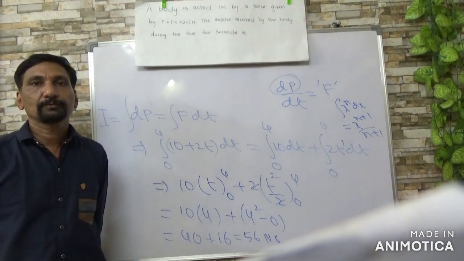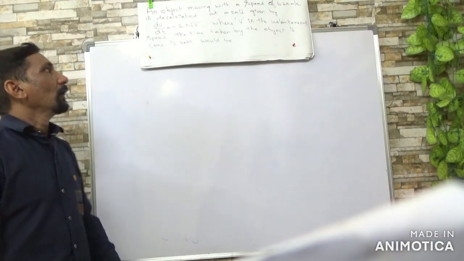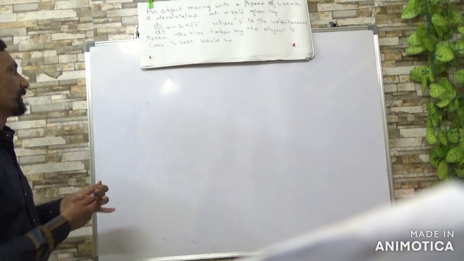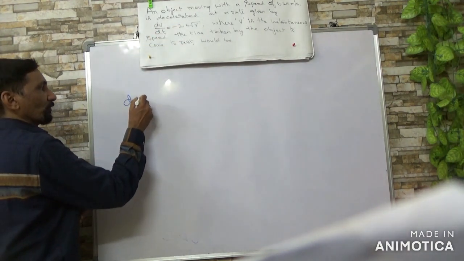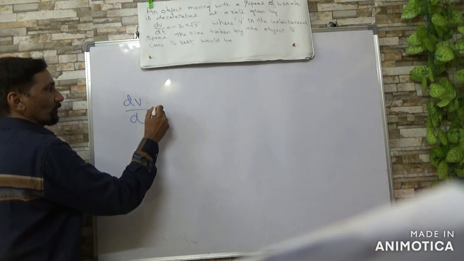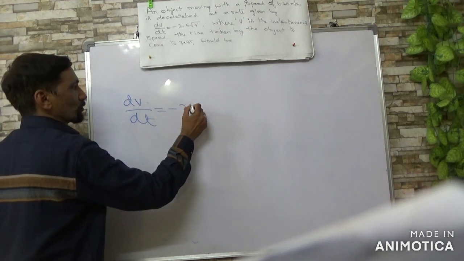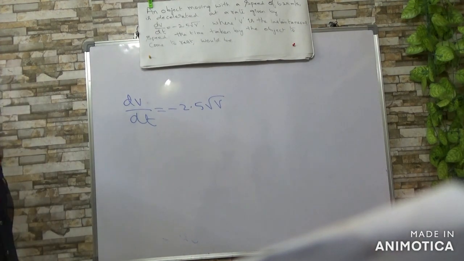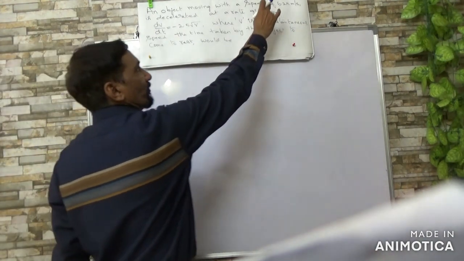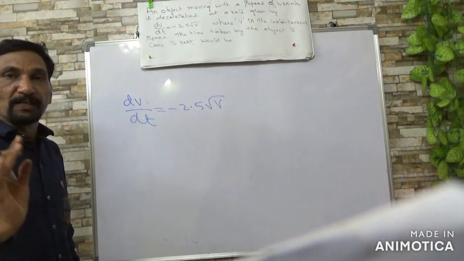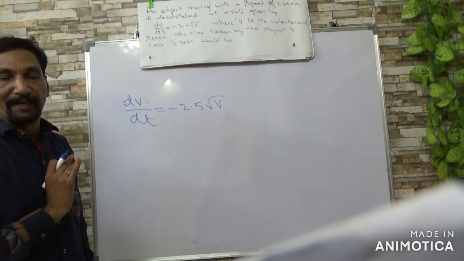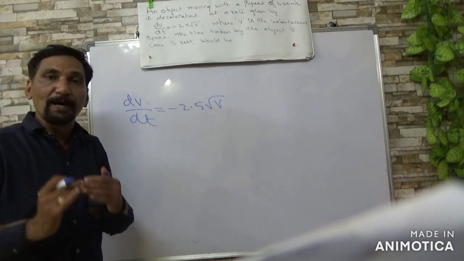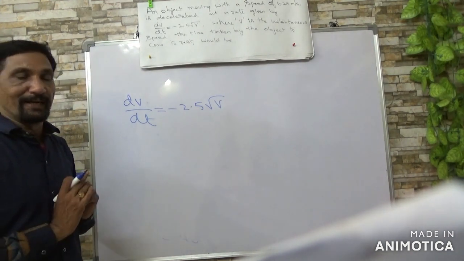Now about the given problem. dv by dt, the rate of change of velocity, is given as minus 2.5 root v. They said in the beginning the particle is moving with 6.25 meters per second and decelerates. You want to know the time taken by the particle to decelerate.